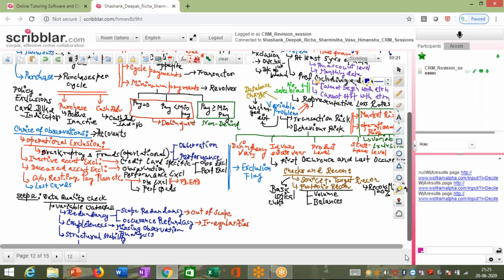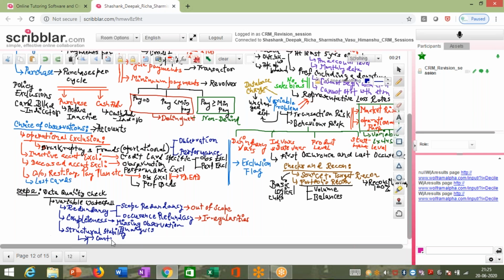If the variables are continuous variables, then for the continuous variables, the analysis that we do is the univariate analysis.